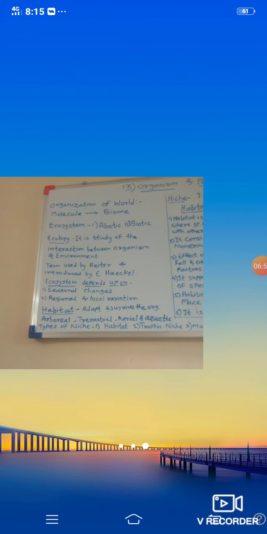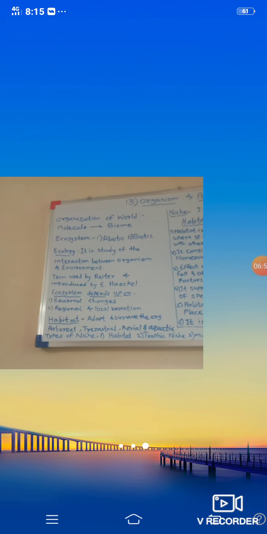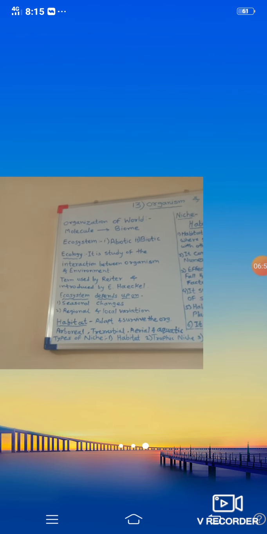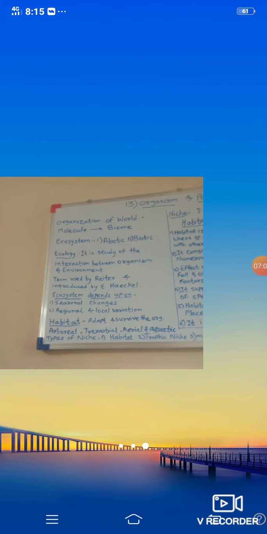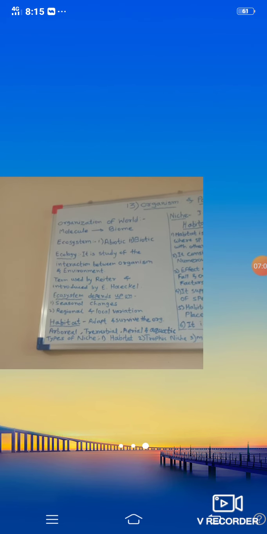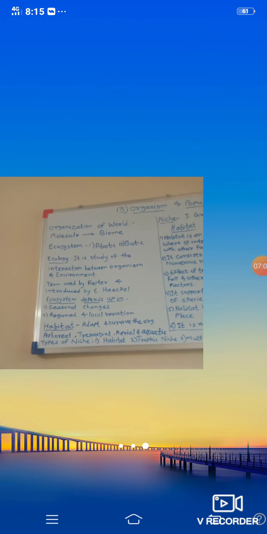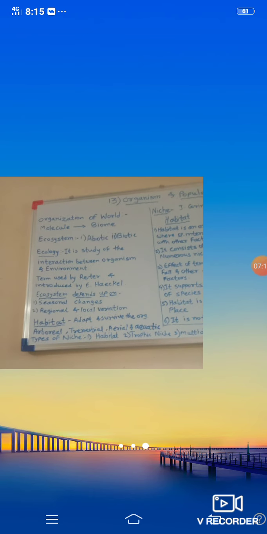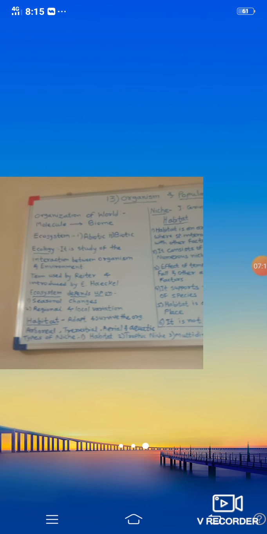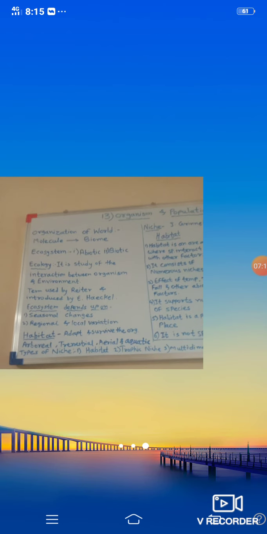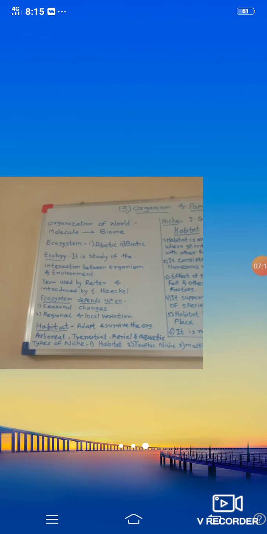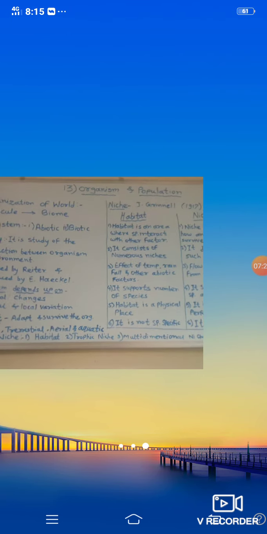So what is arboreal? In arboreal, the animals living on a tree are called arboreal, and terrestrial means the animals present on the land. Then the third one is aerial.